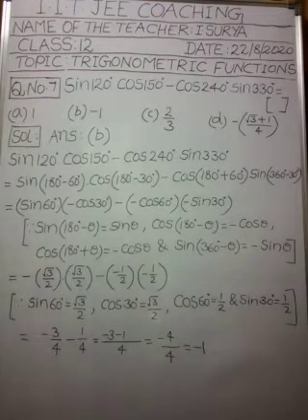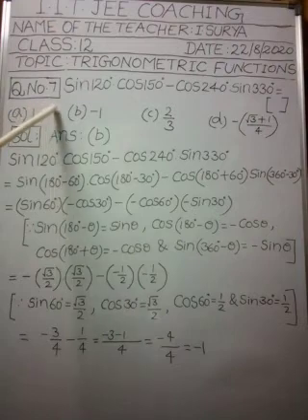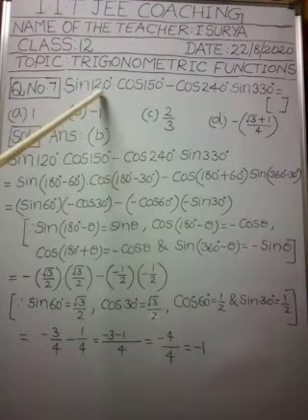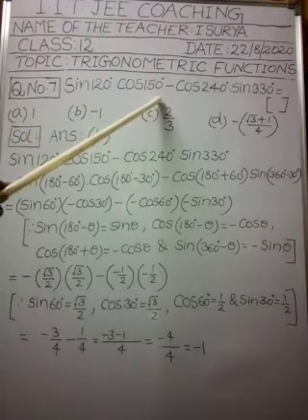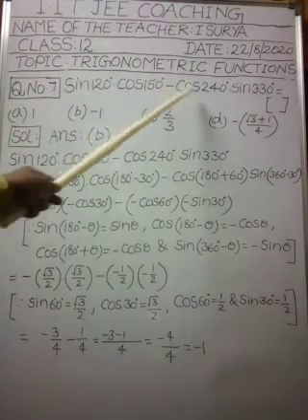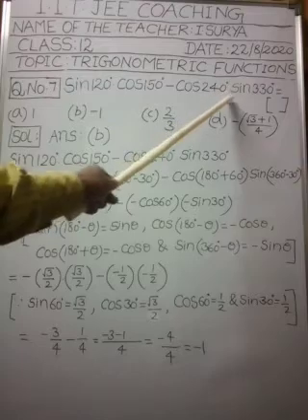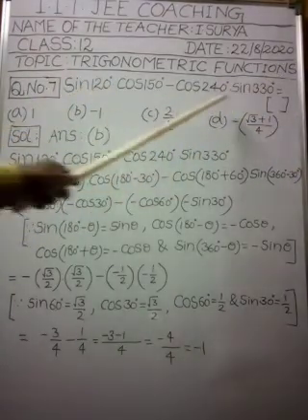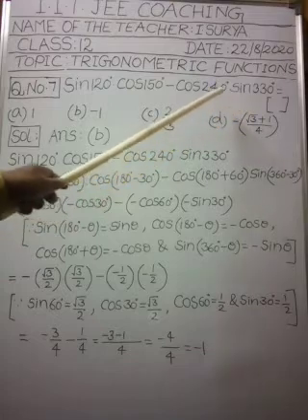Now come to the next question. Question number 7: sin 120 degrees into cos 150 degrees minus cos 240 degrees into sin 330 degrees is equal to. We have to find the value of this expression.